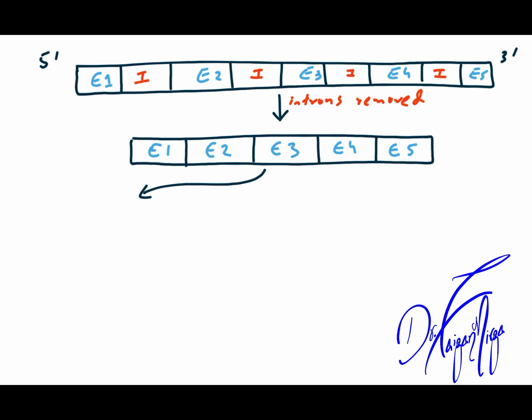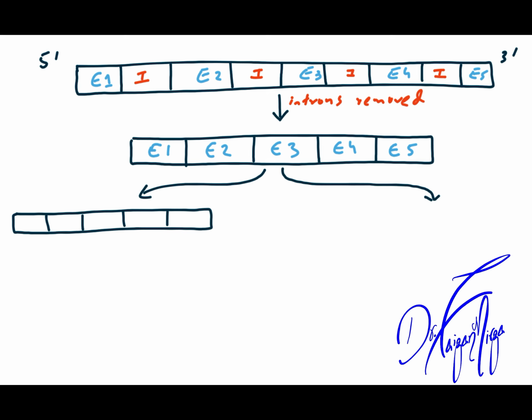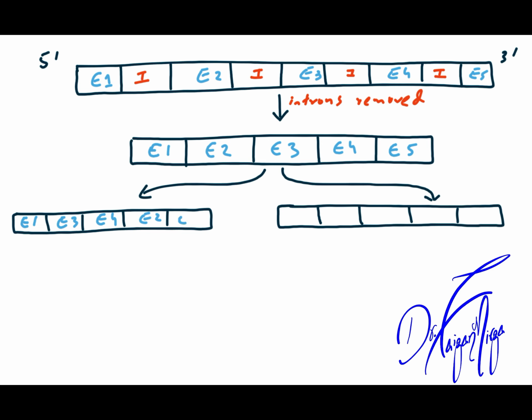Now, if the cell is to make another protein out of it, they may rearrange the exons, allowing them to be arranged in a different order. For example, the two orders that I am showing to you here are just randomly picked, in which the first and the last exon stay the same, but the second, third, and fourth exons have been rearranged in a different order.